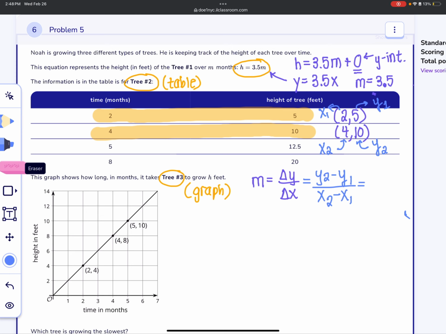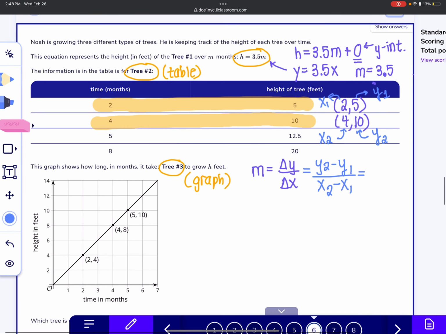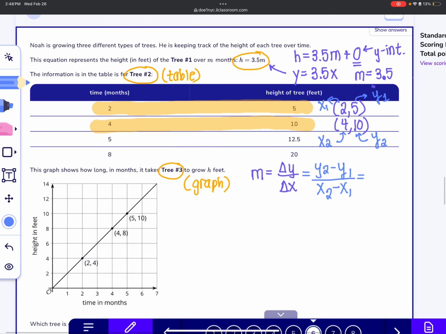So I labeled y2 as 10, so I'm going to write a 10 here. I labeled y1 as 5, so I'm going to write the 5. I labeled x2 as 4. And I labeled x1 as 2.